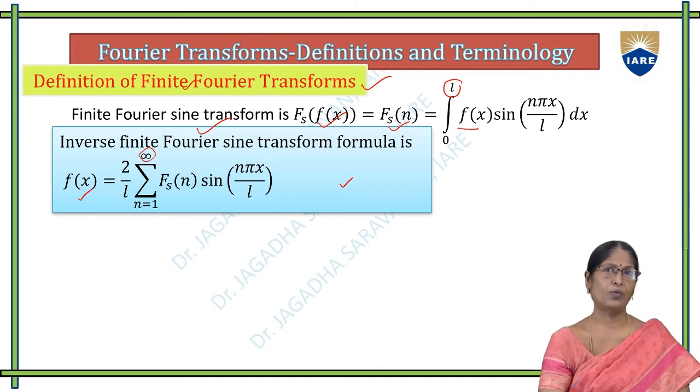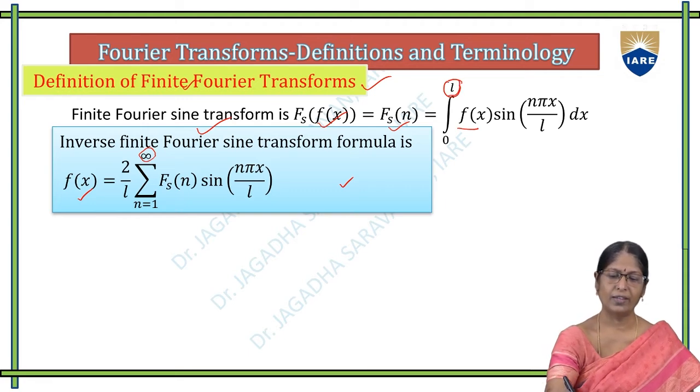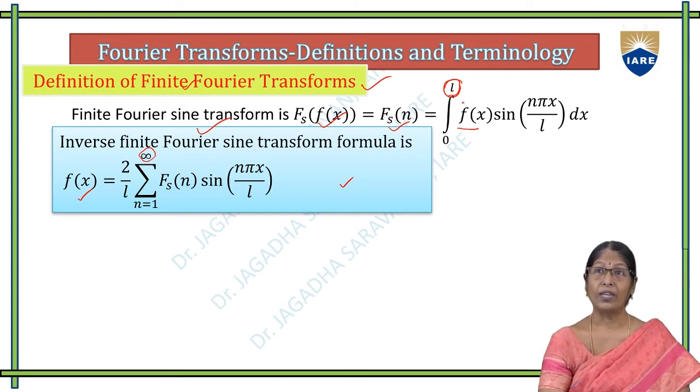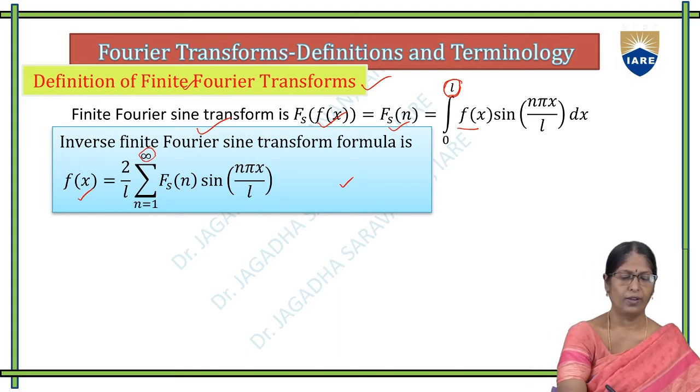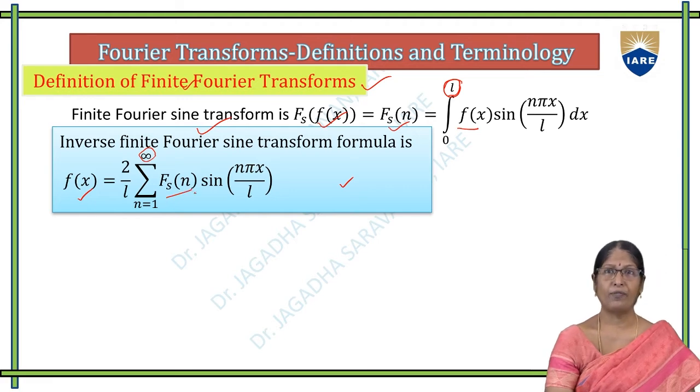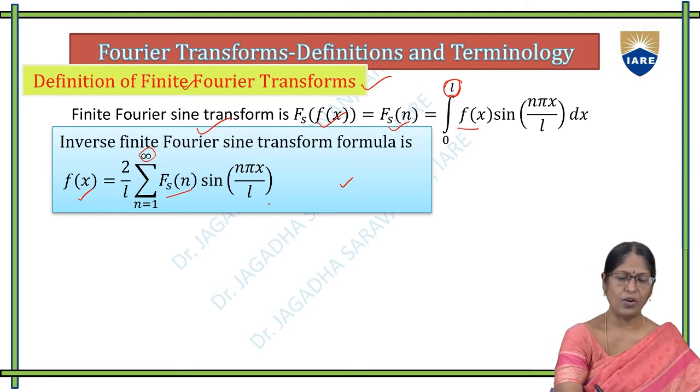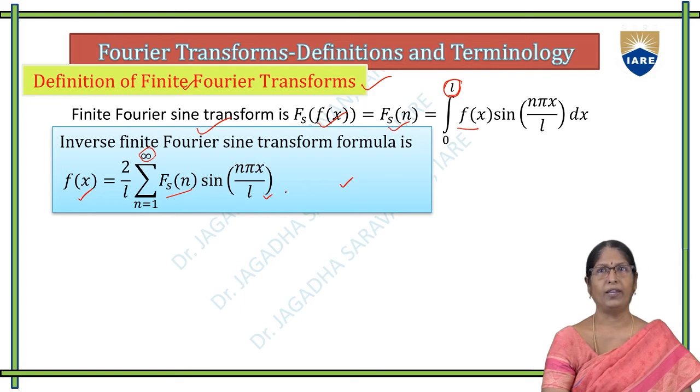Yes, a genuine doubt is ringing in our mind. The finite Fourier transform which is defined is for x lying between 0 to L, not for n. That we have to remember. So, capital F S of n, sine of n pi x by L.